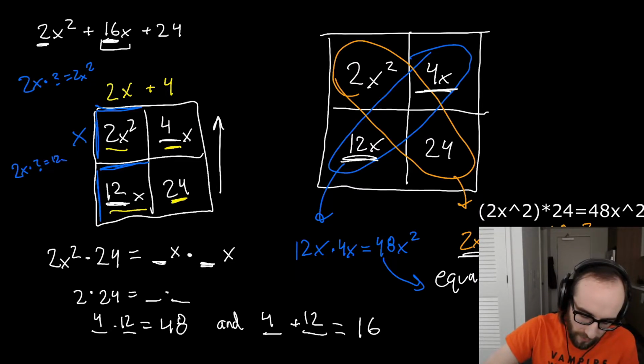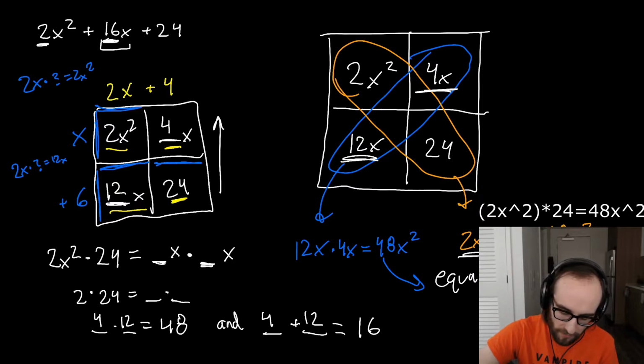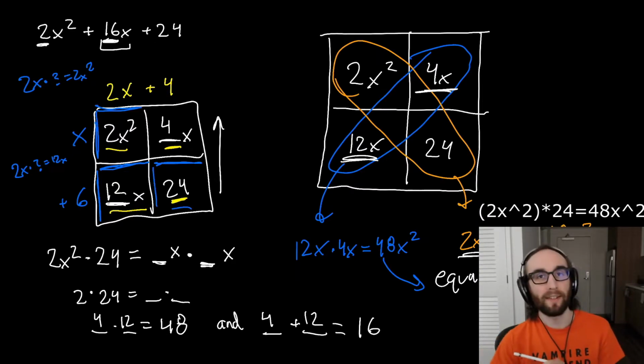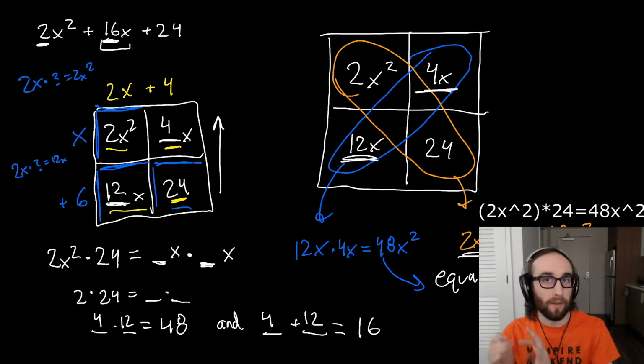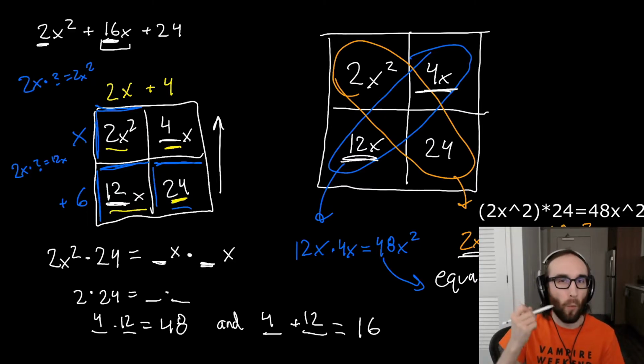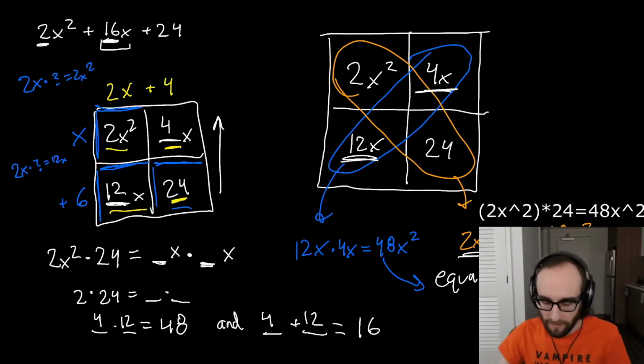That's going to be 6. So x plus 6. You could also use the other boxes too. 4 times what gives us 24? 4 times 6 gives us 24. So we find greatest common factors, looking at the columns or the rows. And then to find the other side, we need to think about what we multiply by to end up with the areas for these boxes.